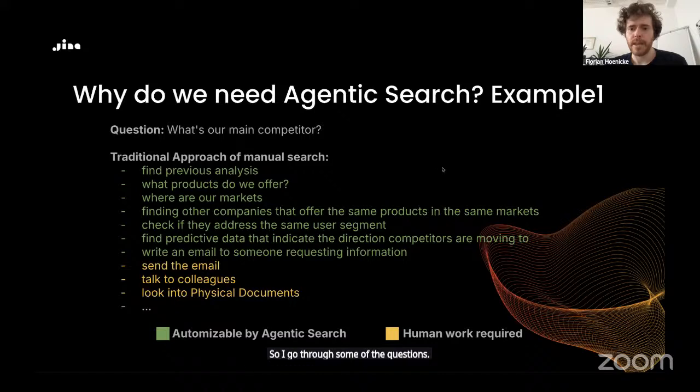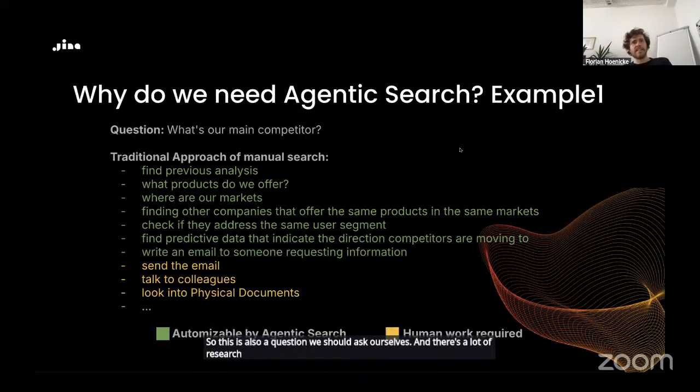How does the LLM decide which is the final answer? Oh, that's a good one. How will we find out how a black box makes a decision? This is also a question we should ask ourselves, and there's a lot of research. At the end, it is a black box. It's a stochastic system, next token prediction, and who knows what it outputs, right?